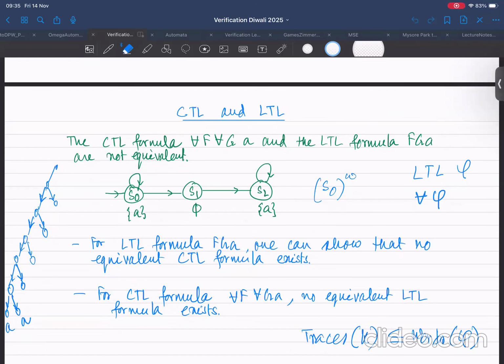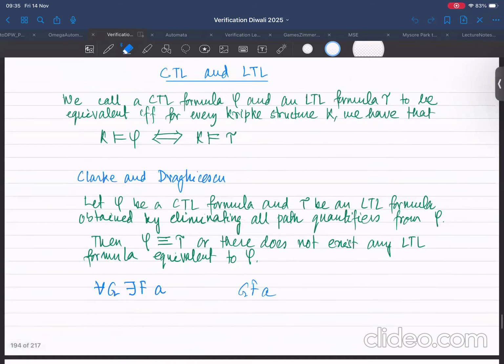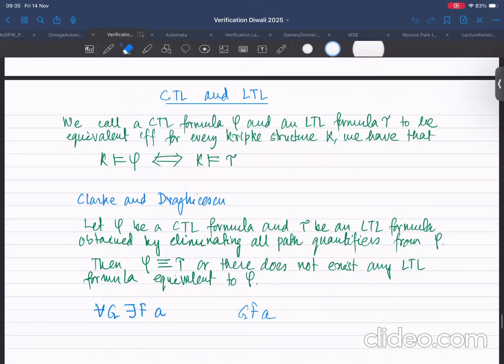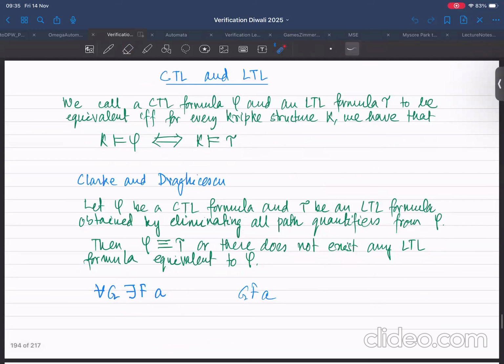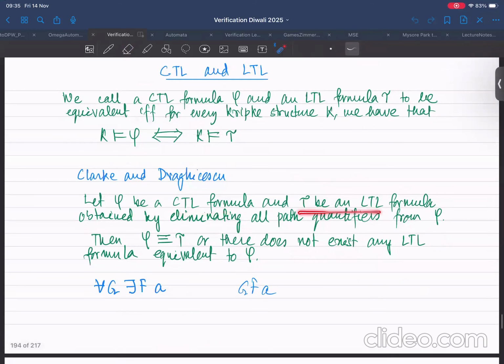There is also one result which we discussed without proof: if there is a CTL formula, then you can consider an LTL formula obtained by eliminating all the path quantifiers from the CTL formula.